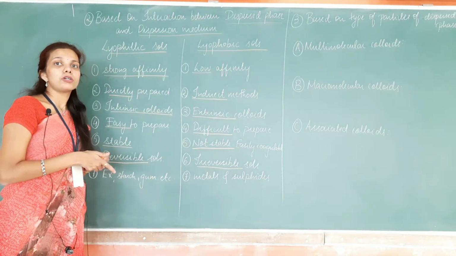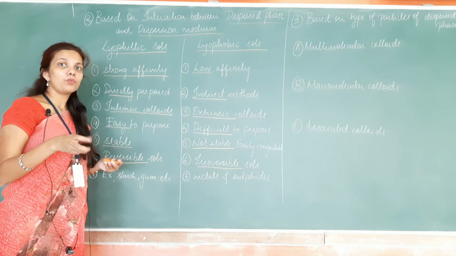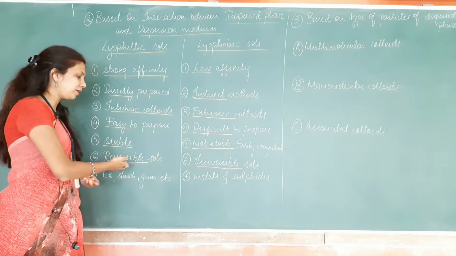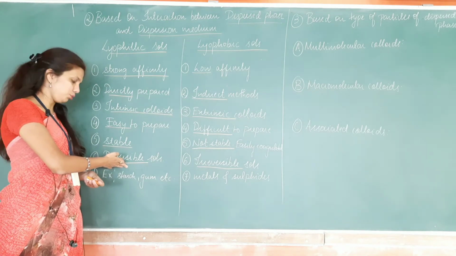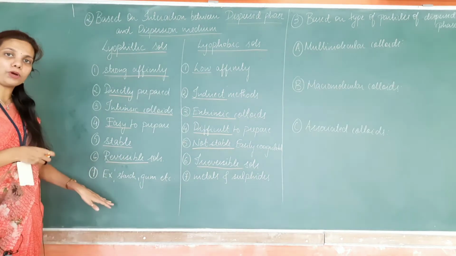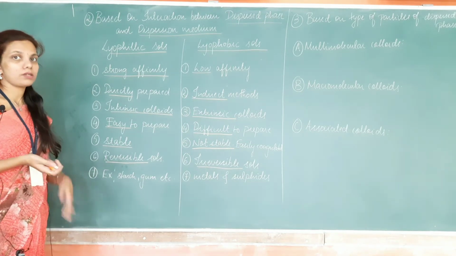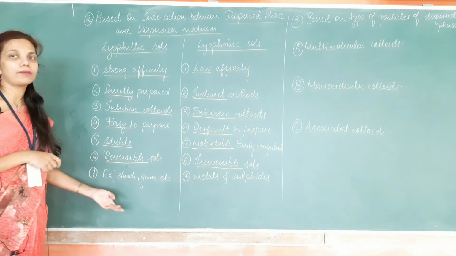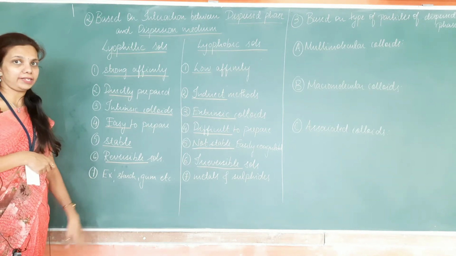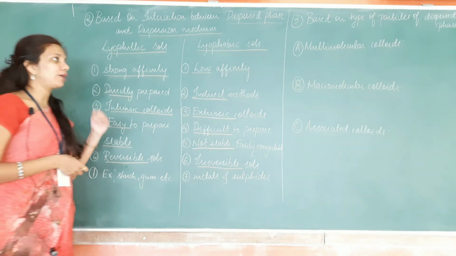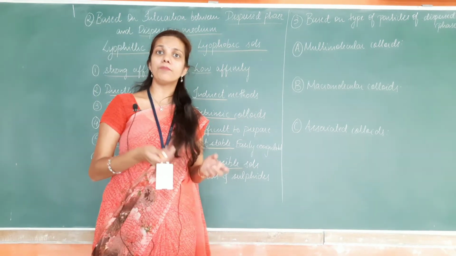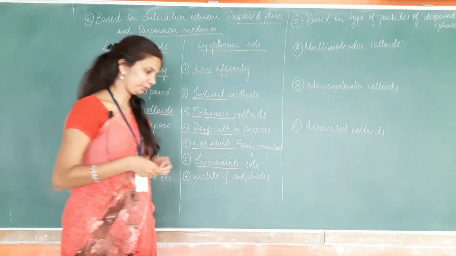If you just shake the container with the solvent or the dispersion medium, you will get back your colloidal solution. Coming to the last point, that is the examples. Very good examples for lyophilic salts are starch, gum, gelatin, etc. Whereas in lyophobic salts we study metals or their sulfides.